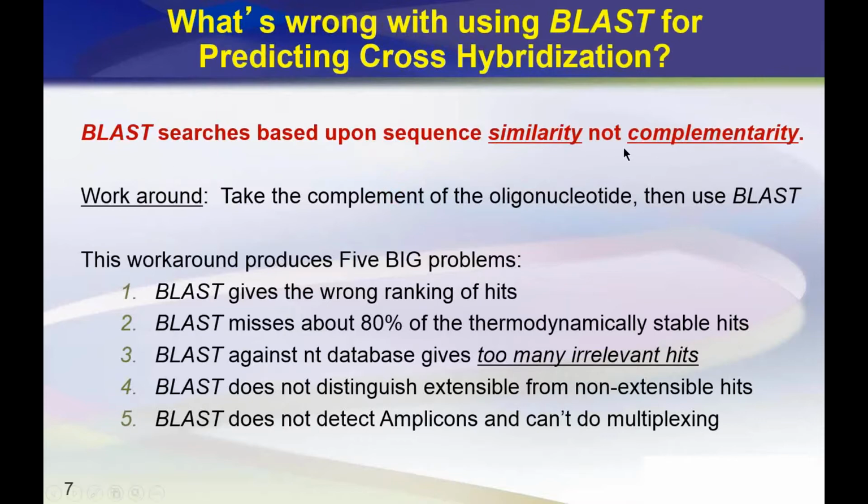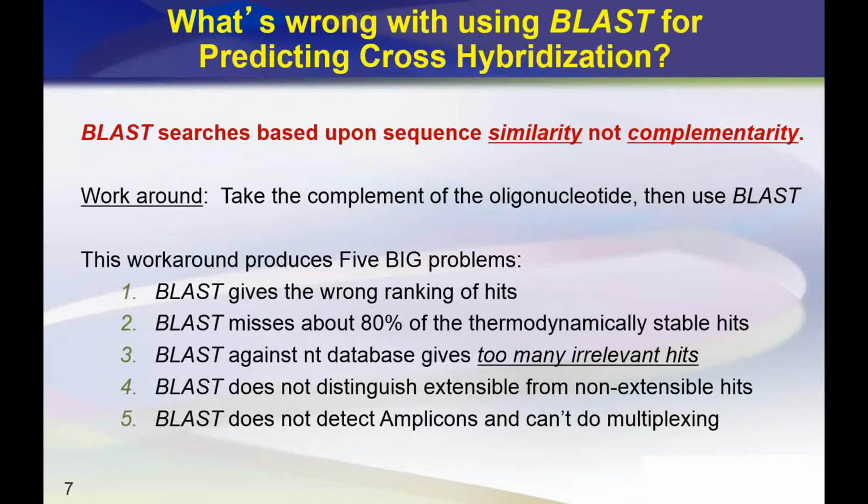Because BLAST cannot search for sequence complementarity, people will commonly use a workaround: they'll say, well, BLAST can't scan for the complement, so let's just take the complement of the oligo I'm interested in and then use BLAST to see if it can find similarities to the complement of my oligo. Now, that procedure leads to at least 5 problems, and we're going to elucidate each one of those and why they're problematic.